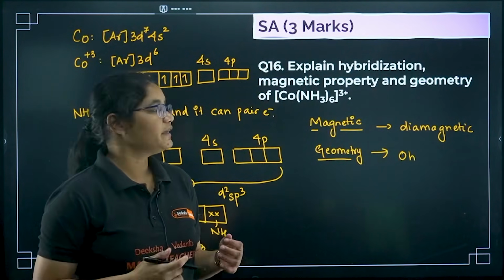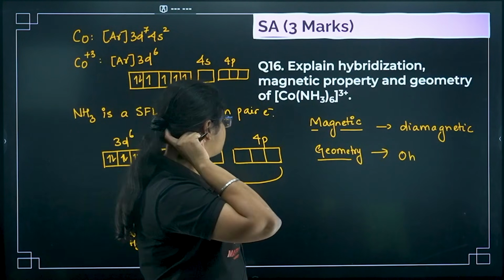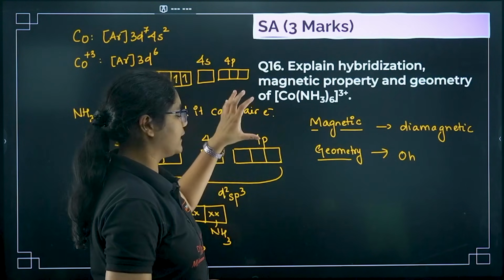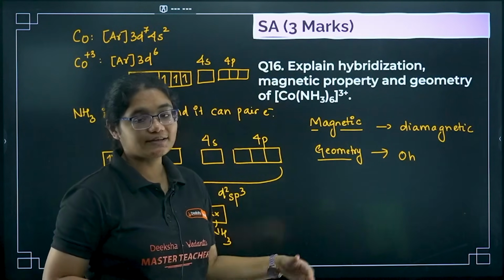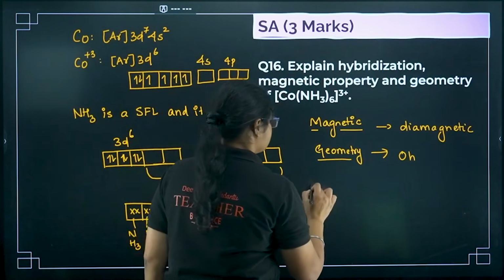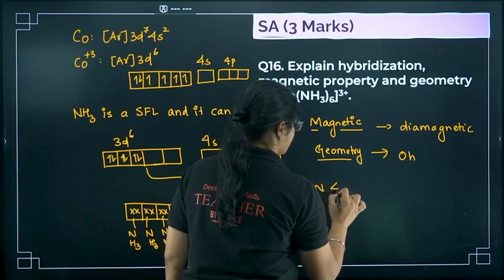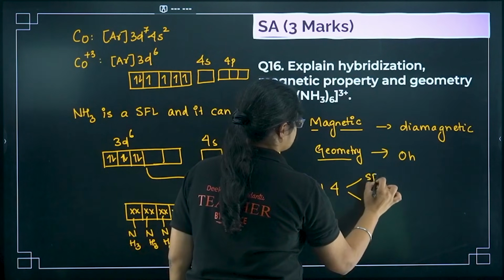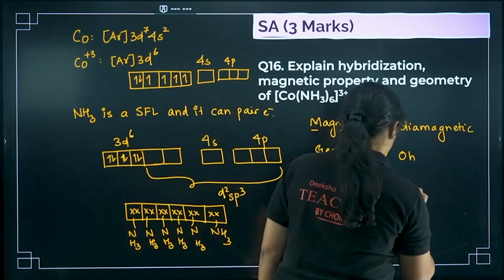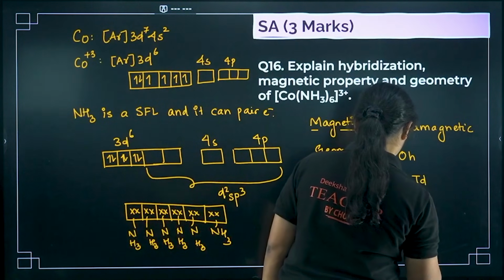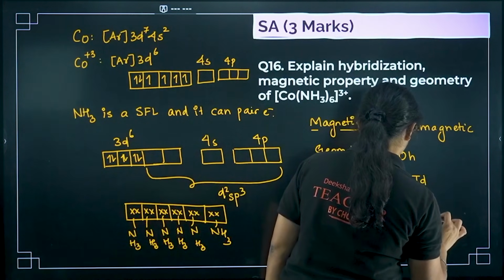Now what is important here is that I'll tell you all the hybridizations and the shapes so that you can remember. For coordination number 4 there are 2 types of hybridization. One is sp3, another is dsp2. Now sp3 hybridization will give you tetrahedral geometry, and dsp2 will give you square planar.